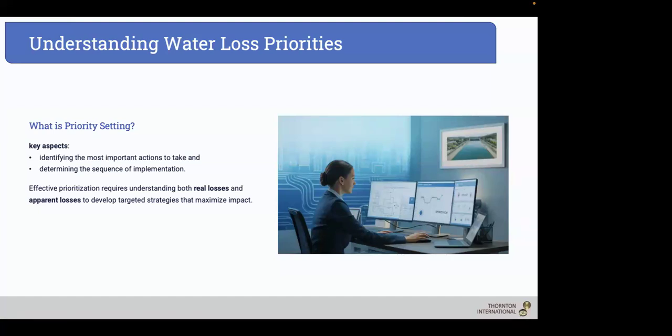So effective prioritization requires understanding of both real losses, the physical leakage, and apparent losses like metering inaccuracies and unauthorized consumption, in order to develop targeted strategies to maximize the impact in the system.